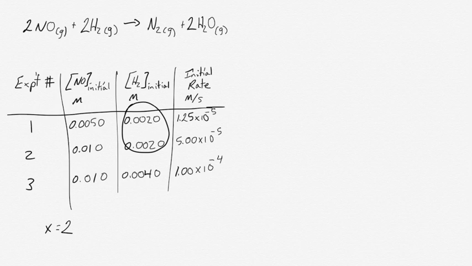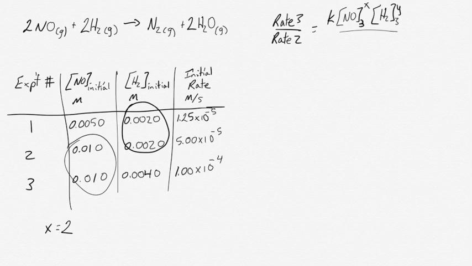Finding the second order of reaction, y, is done exactly the same way, but using, in this case, experiments 3 and 2, because they hold the nitrogen monoxide concentration constant and vary the H2 concentration. And again, the K's are constant, so they cancel, and in this case, the NO concentrations are constant, so they will cancel.